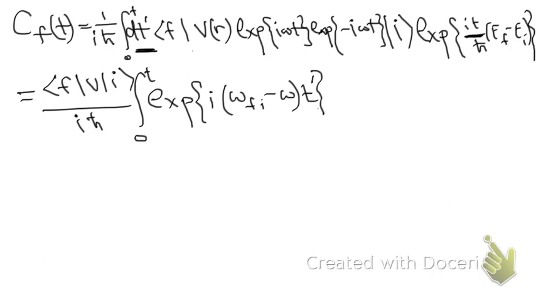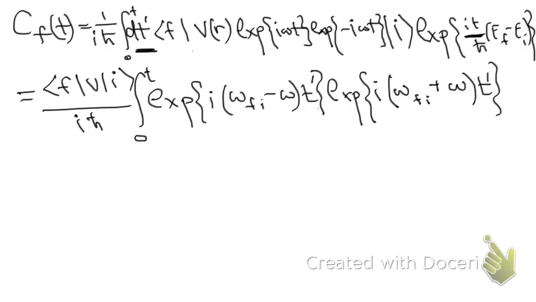And then we'll have another exponential, iota omega fi with a positive sign, omega and t prime. Let's close this exponential, and the integral will be carried out with dt prime.